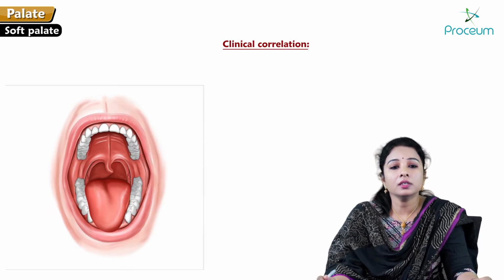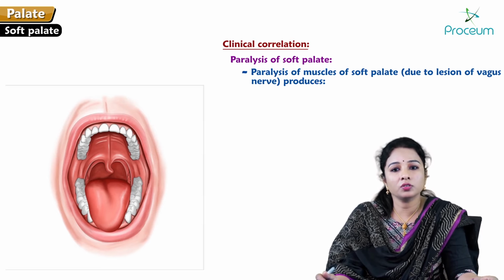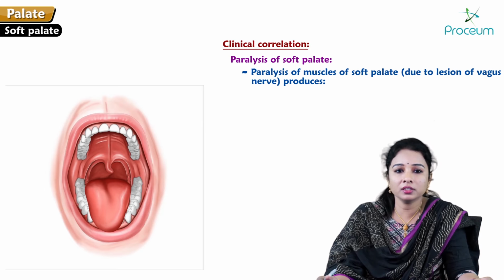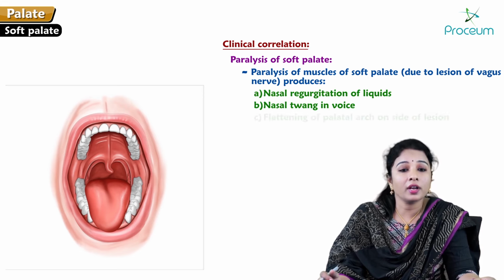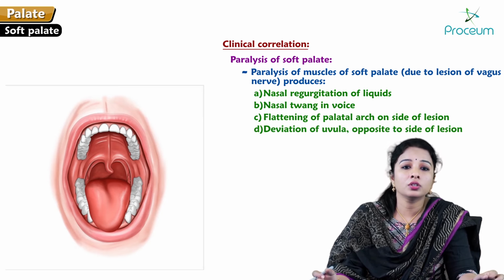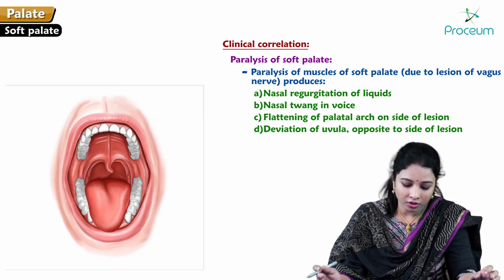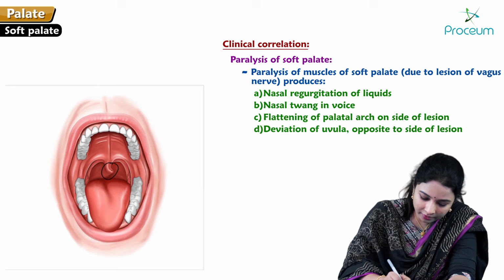Clinical correlation: paralysis of the soft palate. Paralysis of the muscles of the soft palate due to a lesion of the vagus nerve produces nasal regurgitation of fluids or nasal twang in the voice, flattening of the palatal arch on the side of the lesion, and deviation of the uvula to the opposite side of the lesion. So we can see the uvula is deviated here.